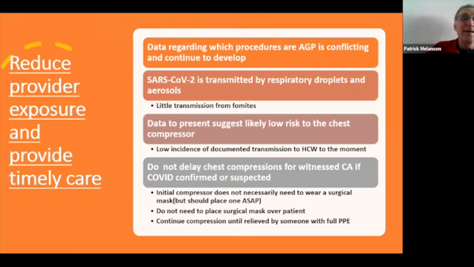So they go on to say that, yes, but the data regarding which procedures are aerosol generating or not is still uncertain, and is still an evolution. Back at the beginning, we were particularly concerned with the experience from SARS in Toronto. In Toronto at that time, almost 50% of the people who contracted SARS and were hospitalized were healthcare workers.